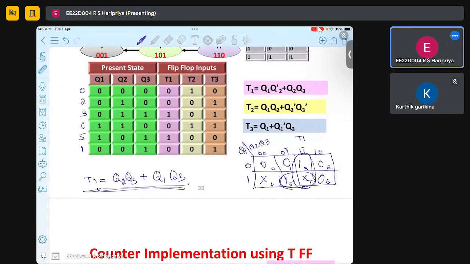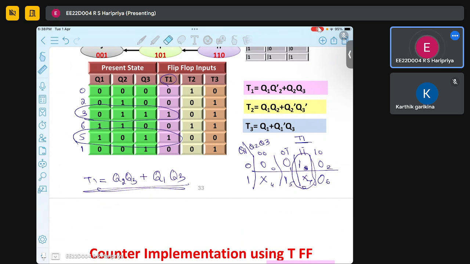Here we are solving for T1. This is 1, 3 and 5 is 1. This is 3, this is 5. I think this is also right.